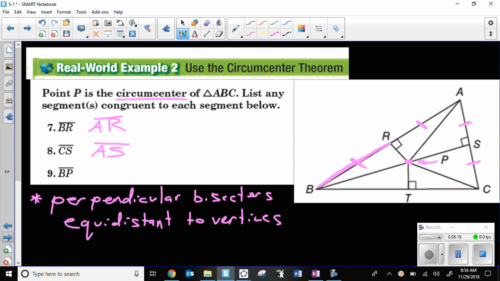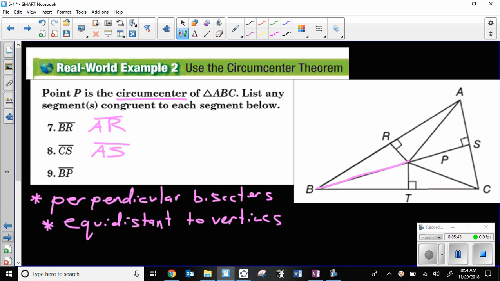And finally, BP. I'm going to erase the rest of this stuff. BP is right here. Notice we're going from my circumcenter to the vertices. We're using this bottom portion. We are equidistant to the vertices of a triangle.